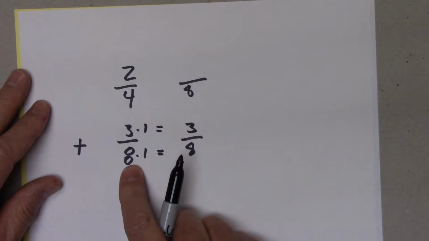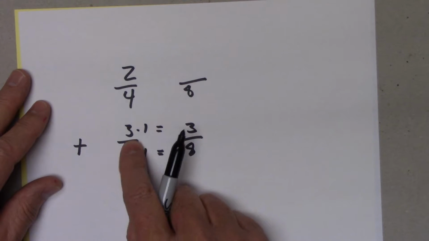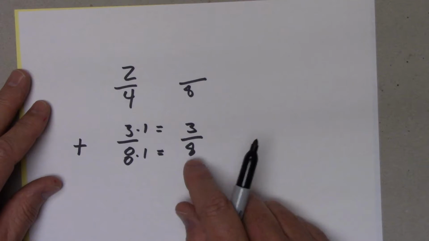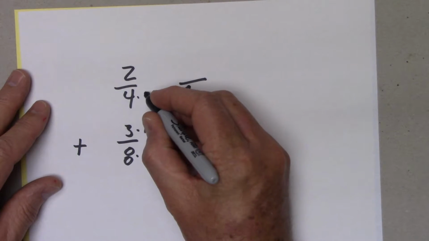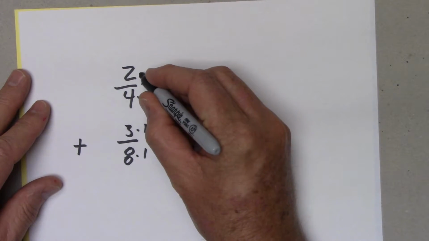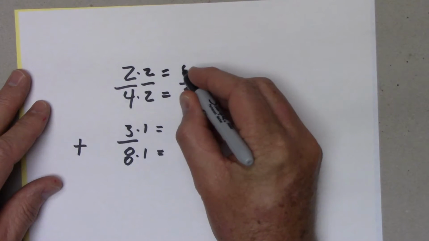So when the common denominator is the same as the number we're already working with, we don't have to really do all this math. We can just write 3/8 over here. Up here, 4 times 2 is 8. So little sister has to have the same thing. 2 times 2 equals 4.